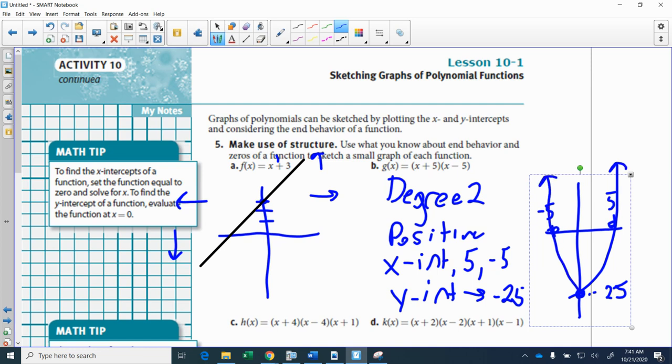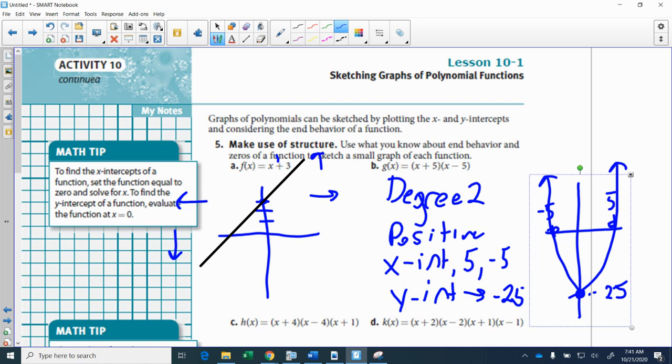Obviously, that's not the perfect graph, but the whole idea is that we can build sketches based off quick, easy information from that problem. I know it's a degree 2. I know it's positive. I know my x-intercepts. I can find my y-intercept. All that information is given to you in these problems. We just have to apply it and use all of it to actually start sketching these graphs out.